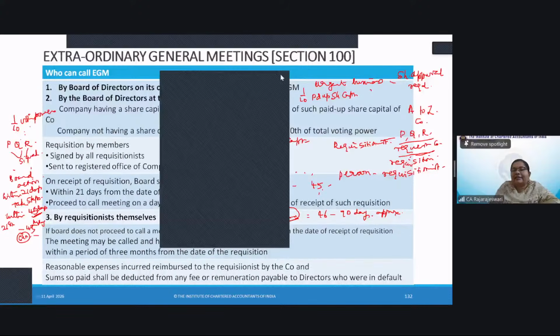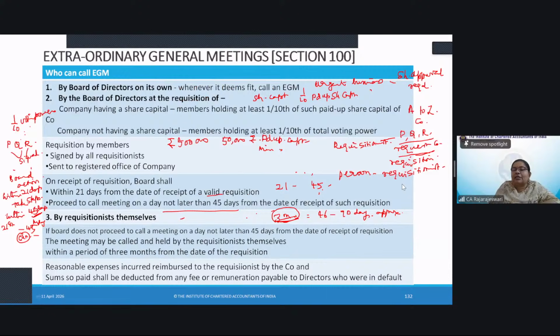They need to get the consent of the requisitionists so that their total paid up capital comes to at least 1/10. So it should proceed to call a meeting on a date not later than 45 days from the date of requisition. It should have taken steps.